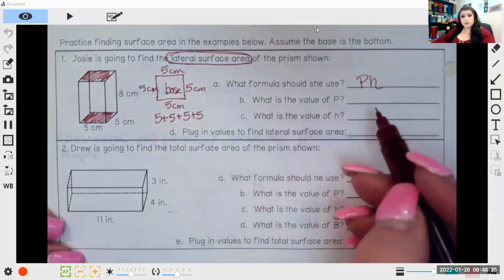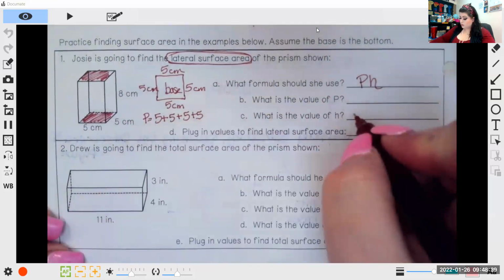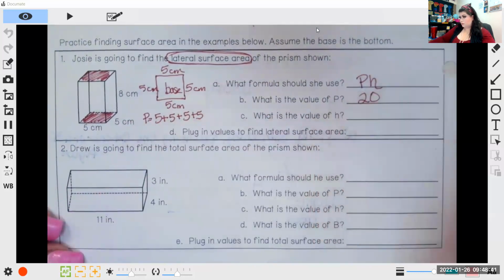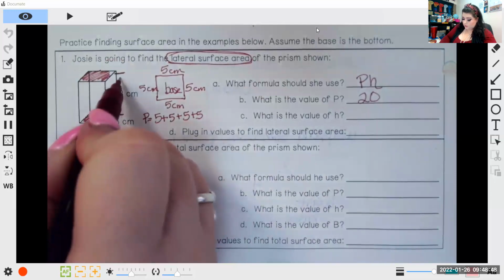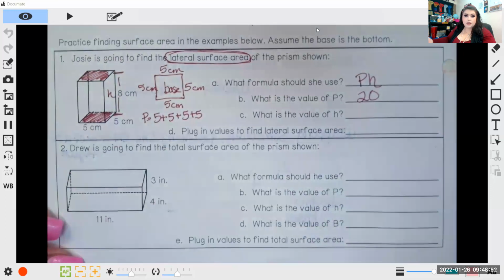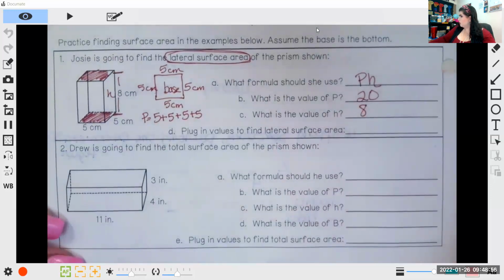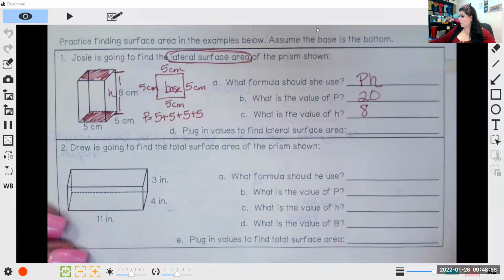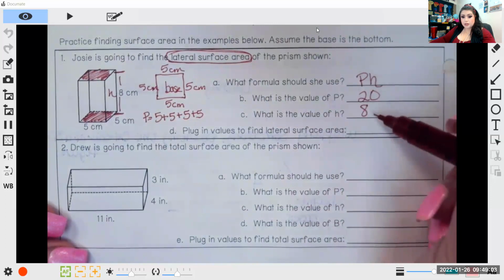So my value for the perimeter is 20. And height is from base to base, so I'm going to label this as my height. My height in this case is 8. Now we have the formula and what we need to plug in.